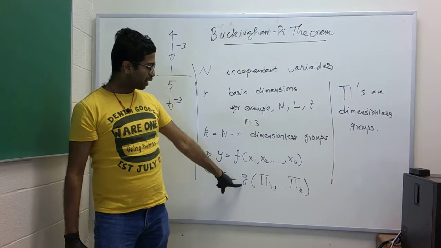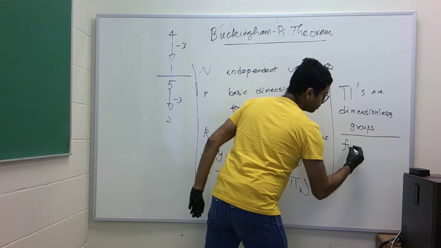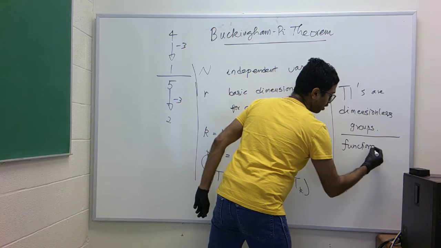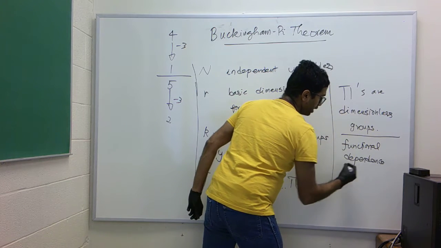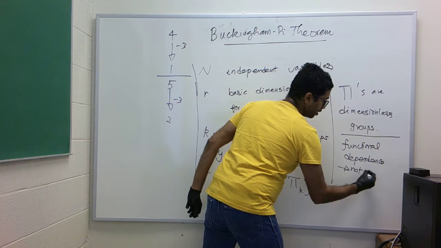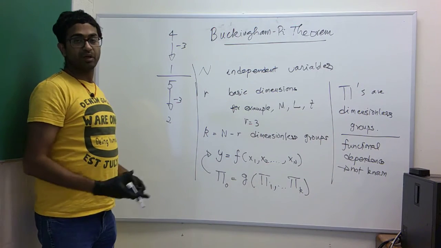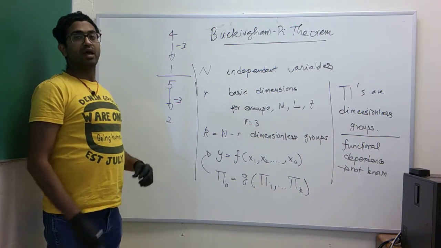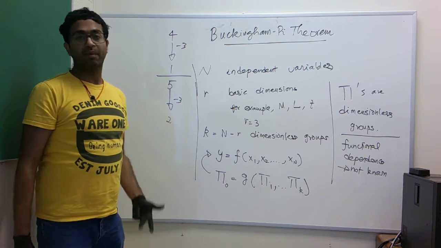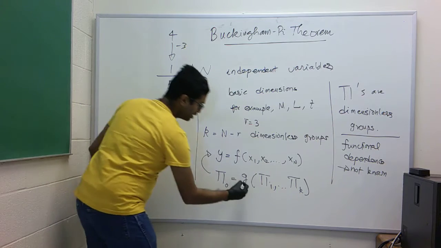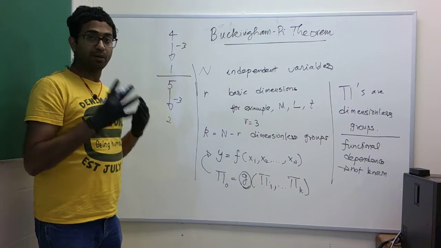It does not tell you anything about g, that is, the functional dependence is not known through dimensional analysis. It comes either from experiments, or from simulations, or from mathematical analysis. So g is not something that we know right away. It usually comes from data.